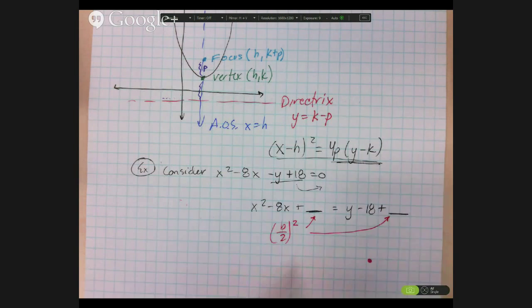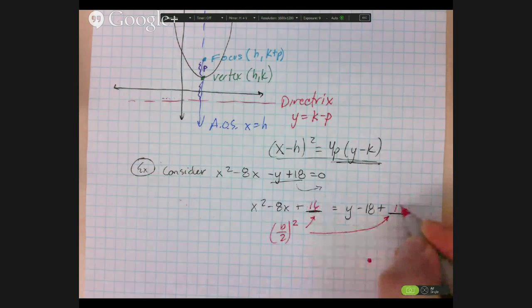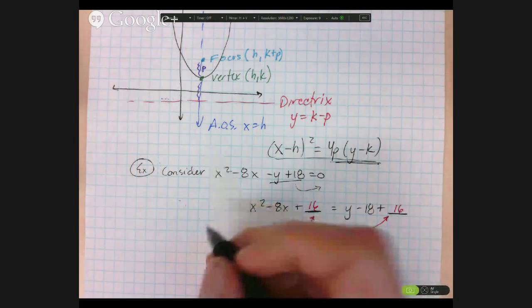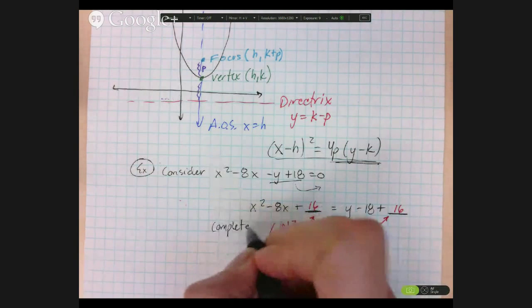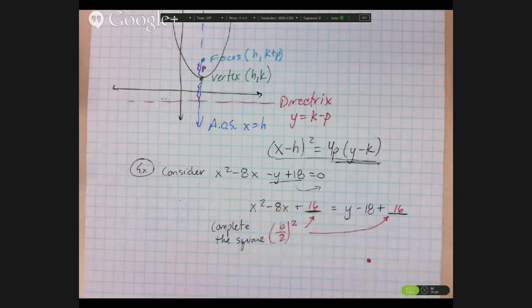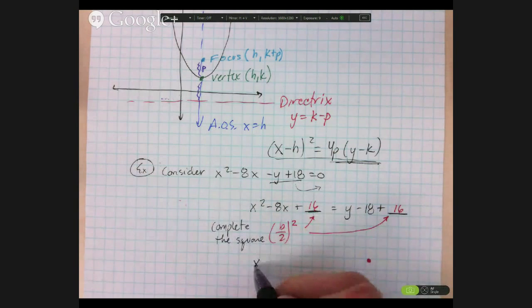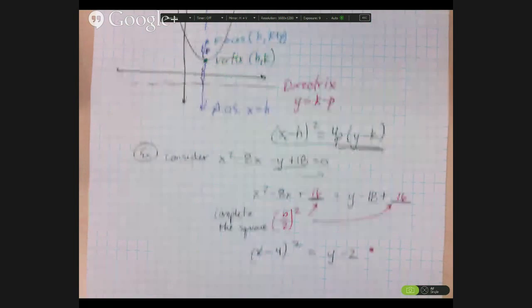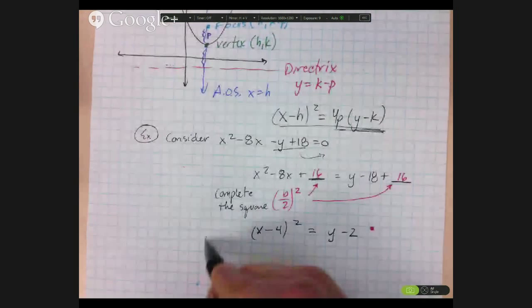So what's this going to be? 16? So we get, so I've factored here.